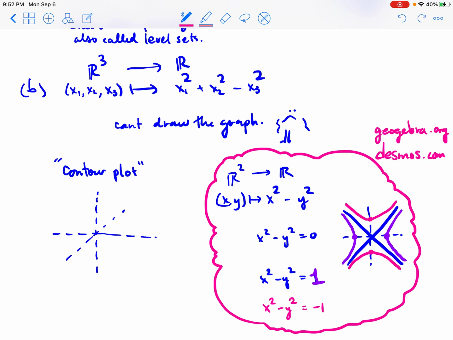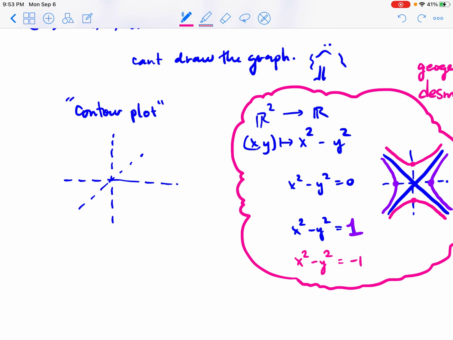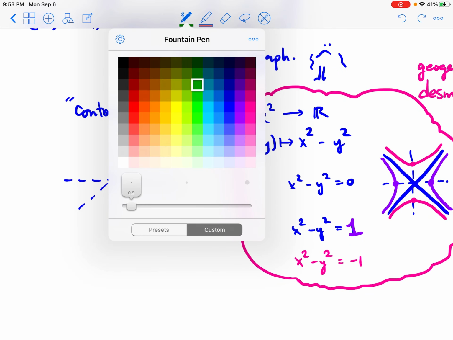And then GeoGebra.org has a 3D website, and that's where you'll need to go to get the preimages of points here. So the preimage of the point is also all the points that satisfy the equation. So what's the preimage of 1, what's the preimage of 0, what's the preimage of minus 1.